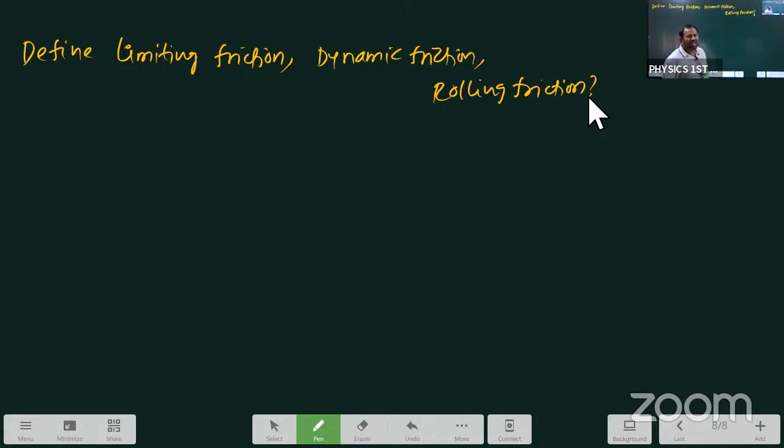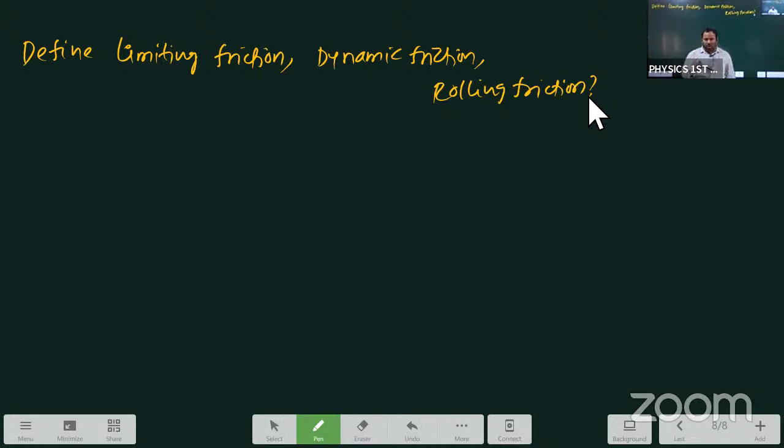Actually, friction is nothing but resistance, opposing force. Resistance is a very popular word from electricity, electric resistance. Anywhere resistance comes, it is opposing.